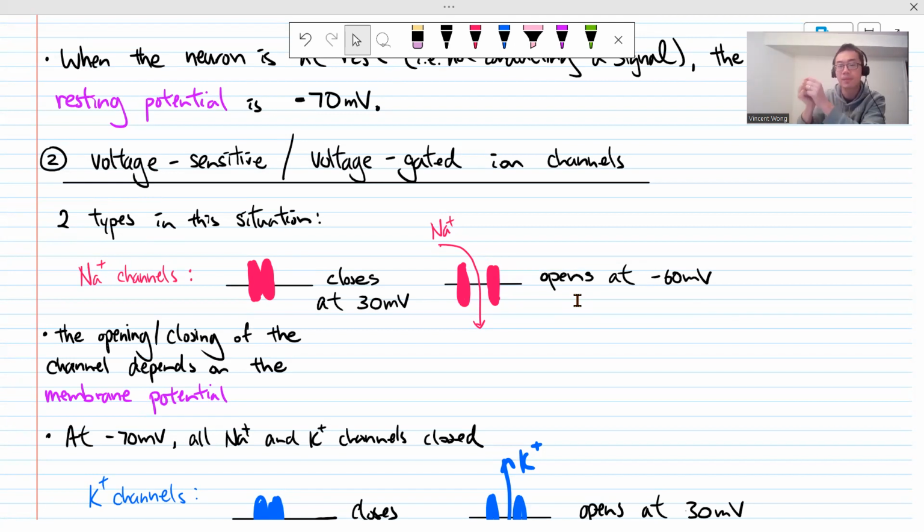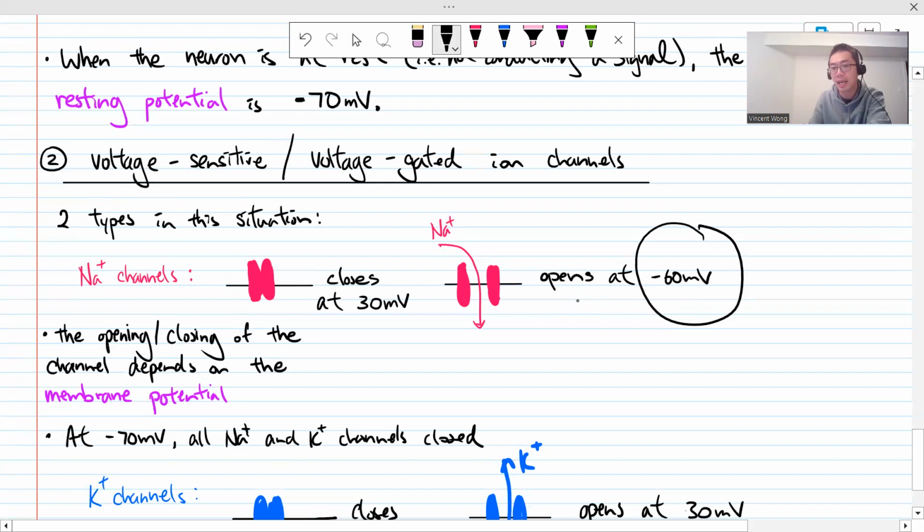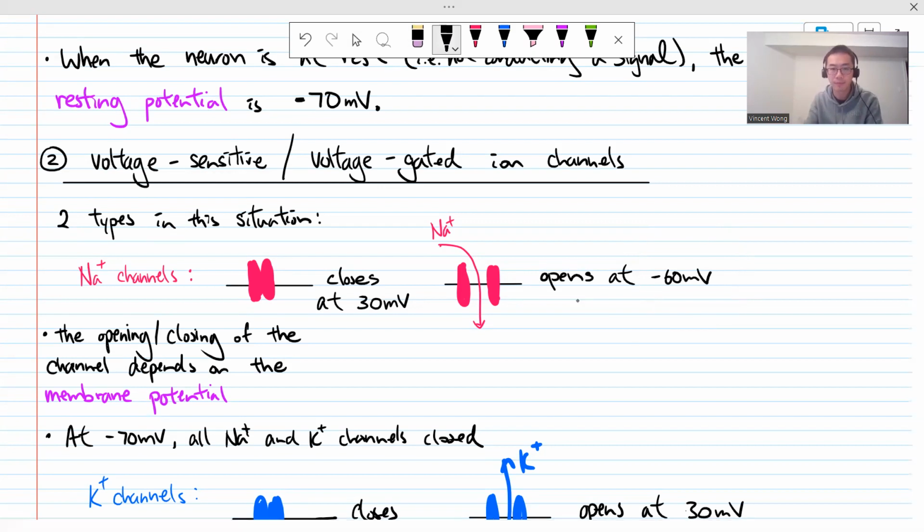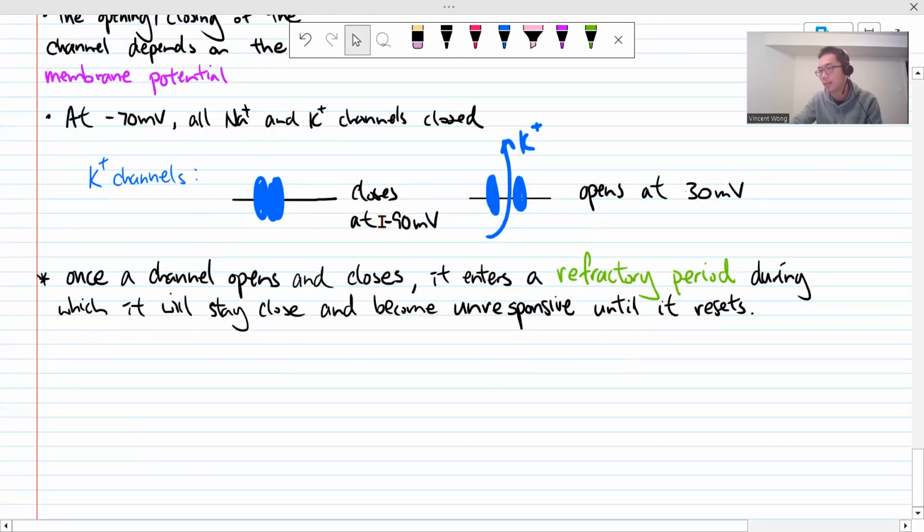During this time, even if the membrane voltage goes to minus 60 again, it's not going to open because it's resetting itself. Only after it resets itself is it ready to respond again. So that is that.